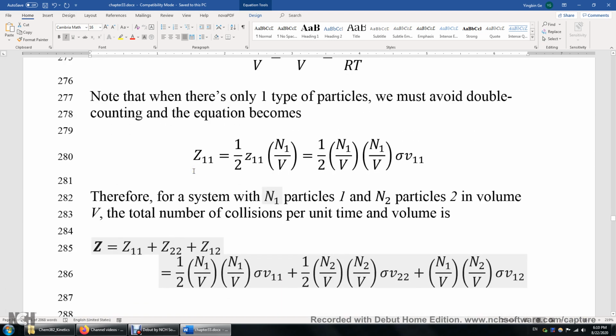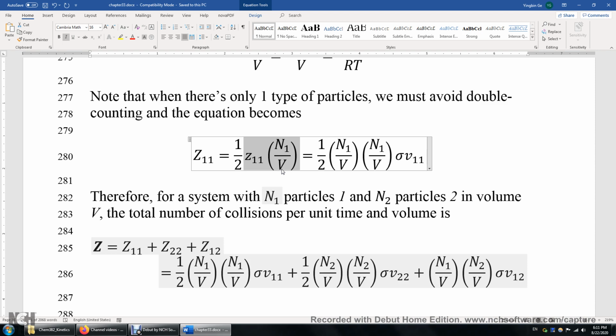Now let's look at another scenario. Let's just look at the collisions between type 1 and type 1. In this case, we'll have to avoid double counting, because let's say we have two type 1 molecules, A and B. If we use this formula, just z11 times N1 over V, then we imagine this A travels and may collide with B. And then we also imagine B travels.